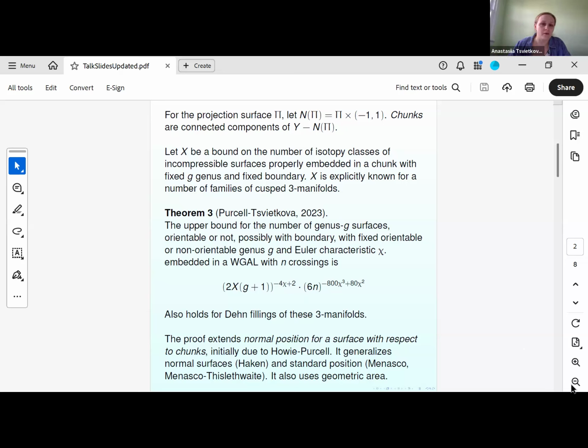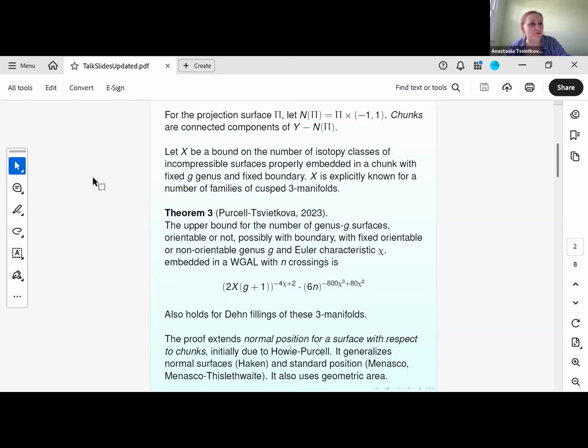And something you have to think about is what happens if you take the complement of your projection surface out of your manifold. If your projection surface is thickened, it decomposes your manifold into something called chunks, something that used to be just balls above and below the diagram in the three-sphere.